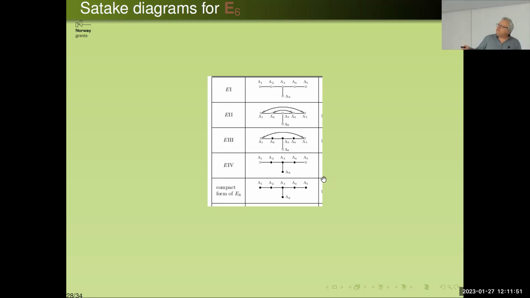But there are three others. There are guys where this node is complex conjugated to that, and this node is complex conjugated to that. These are real, or there are three compact nodes here. They are complex conjugated, and one is real here. So there are four real forms which have parabolics, right? If you are asked how many real forms E6 has, it has 5, right? And these are the corresponding Satake diagrams.